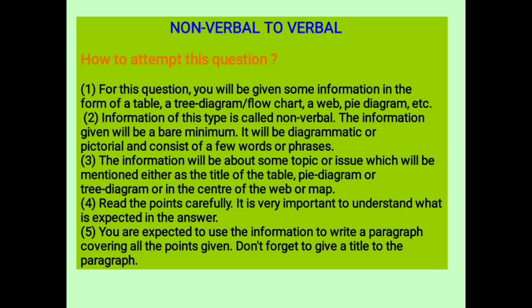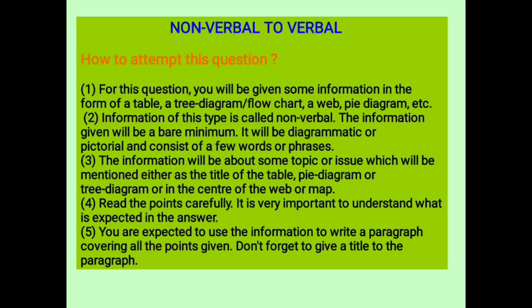The information given will be a bare minimum, very less, okay? It will be diagrammatic or pictorial and consists of a few words or phrases. Means it will have only diagrammatic representation. Next, the information will be about some topic or issue which will be mentioned either as the title of the table, pie diagram, or tree diagram, or in the center of the web or map.